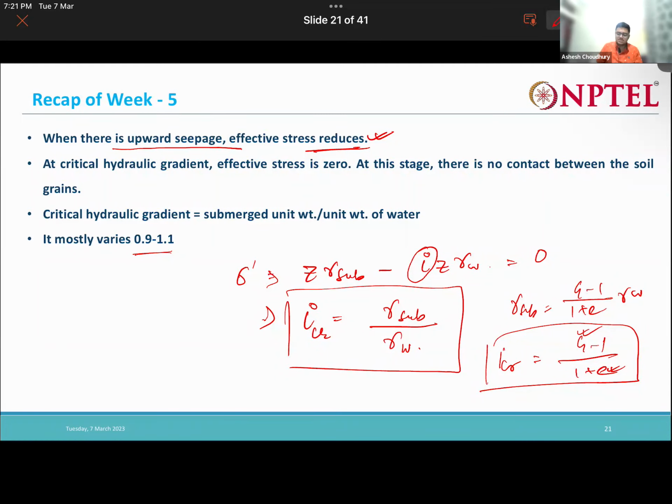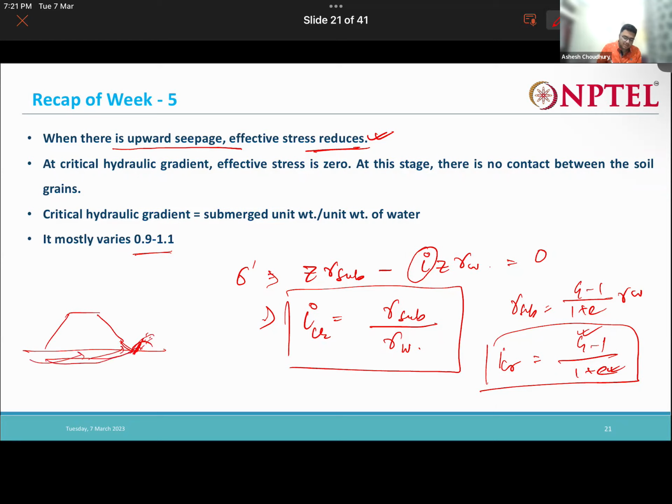And boiling, because, as I told you before, take this earth dam. If at the exit you have reached your critical gradient, the soil will just keep on coming out like this. It will keep on heaving, and the water will start flowing.